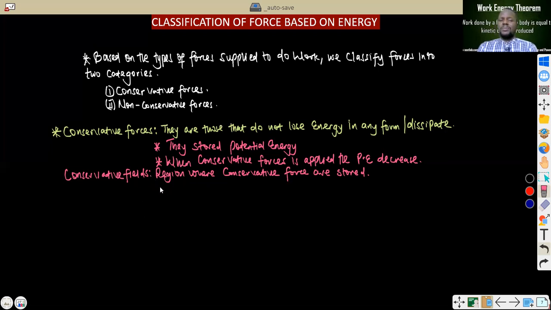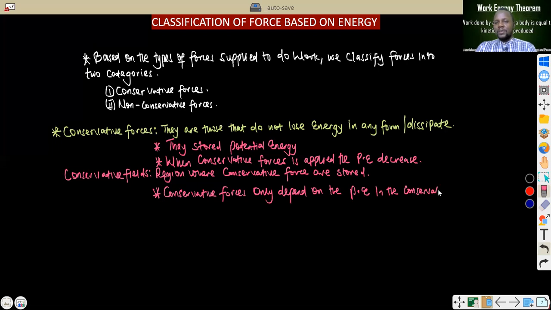Another important point we can write is that conservative forces only depend on the potential energy in the conservative field and do not depend on the path.